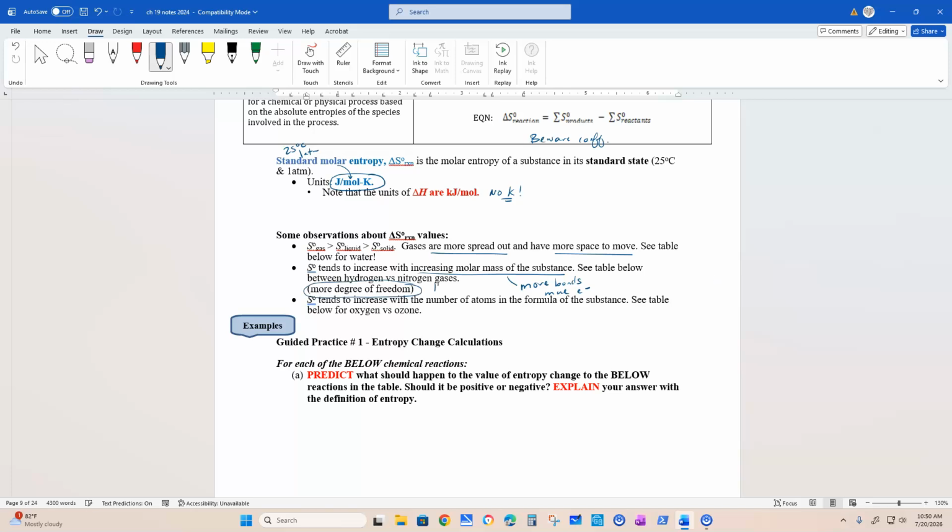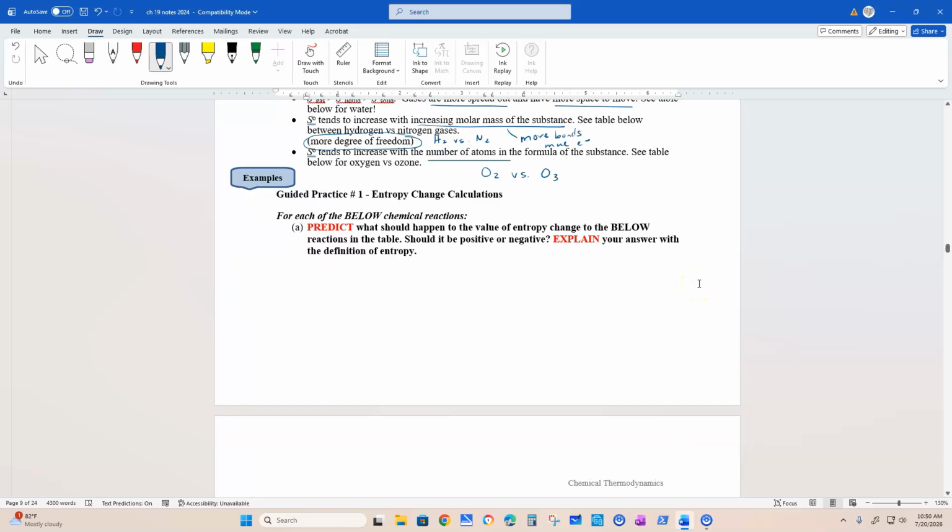So like H2 versus N2 gas, okay? You have something that has a molar mass of 2 versus 28. Definitely entropy is greater for that N2. Entropy tends to increase with more atoms in the formula. So like if you had O2 versus ozone, which is O3, kind of correlates to molar mass, also correlates to bonds. So you will have more entropy pretty much the bigger it is.